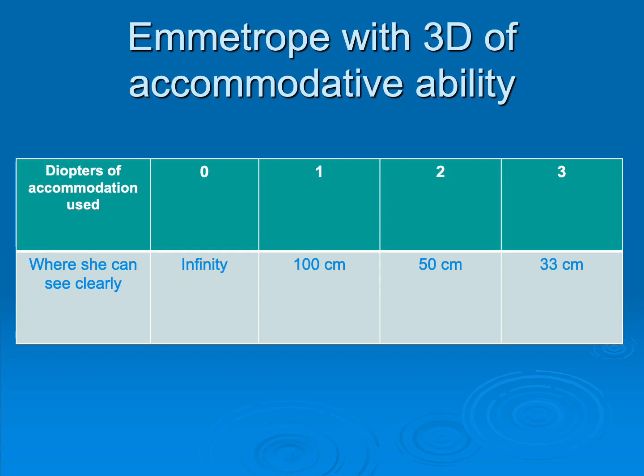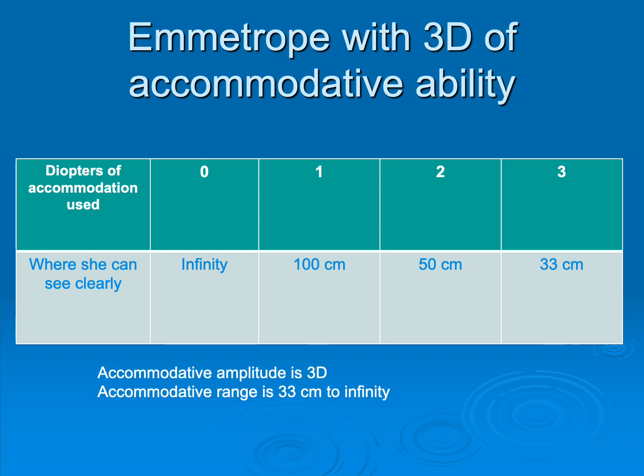If Emma kicks in just 1 diopter, she could see as close as 100 centimeters. If she kicks in everything she's got, she can see 33 centimeters in front of her. She cannot see closer than 33 centimeters. That is her limit.